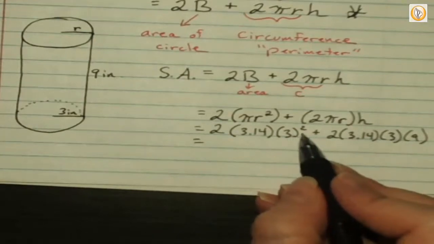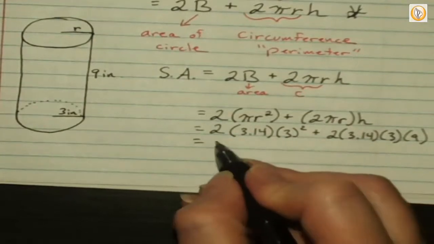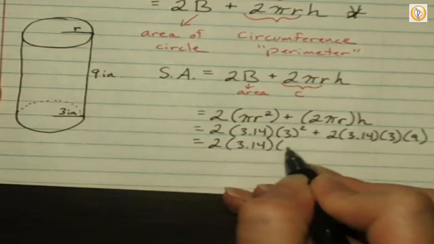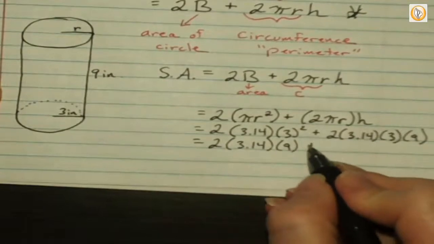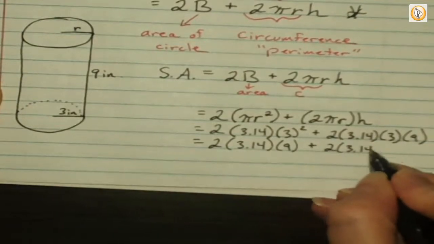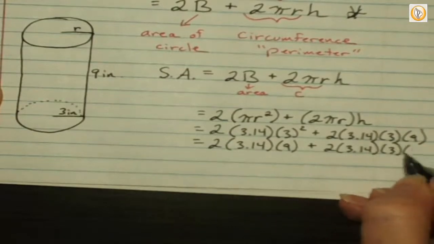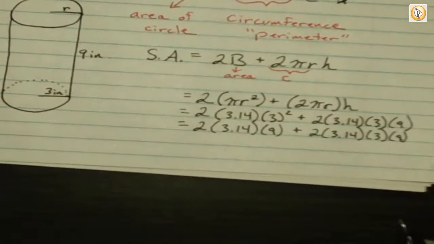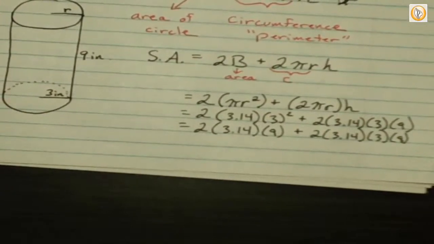What is 3 squared? 9. I'm rewriting it. We're going step by step.